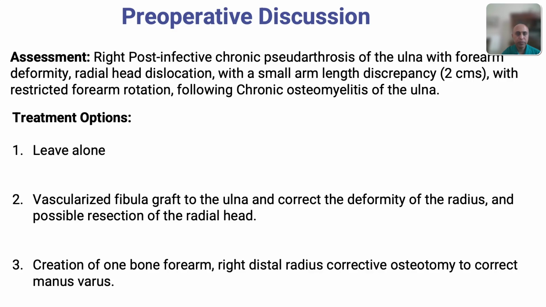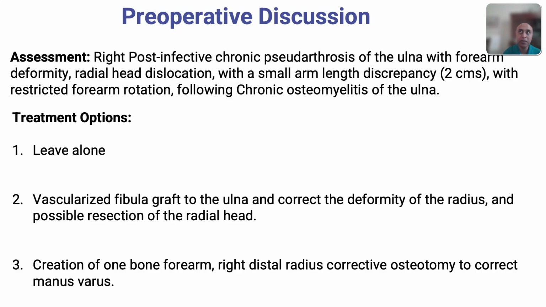So at this time, the problem list was post-infective chronic pseudarthrosis of the ulna with forearm deformity, radial head dislocation, an arm length discrepancy, and restricted forearm rotation. So the treatment options were either leave her alone, but the deformity would continue to progress as she continued to grow, or do a reconstruction.